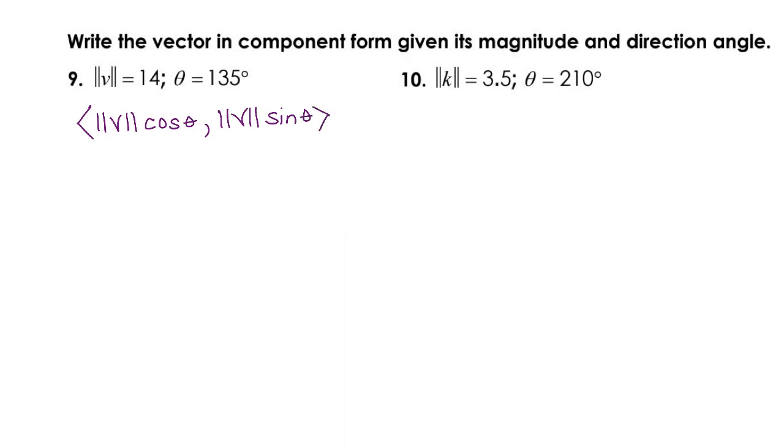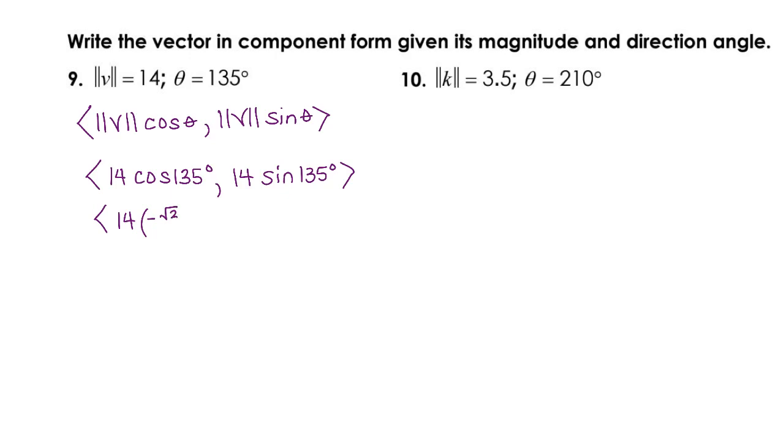While we're plugging in for this one, we're going to have 14 times cosine of 135 degrees, and then 14 times sine of 135 degrees. If we continue here, that's going to be 14 times root 2 over 2.